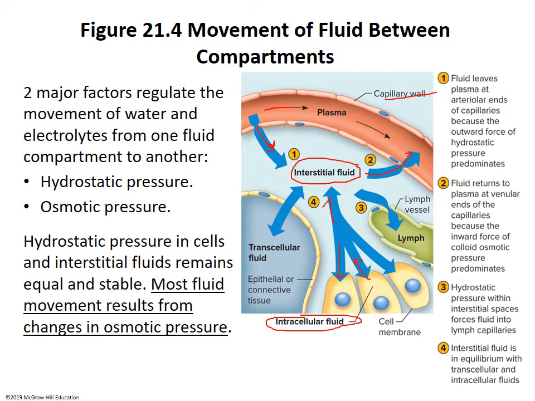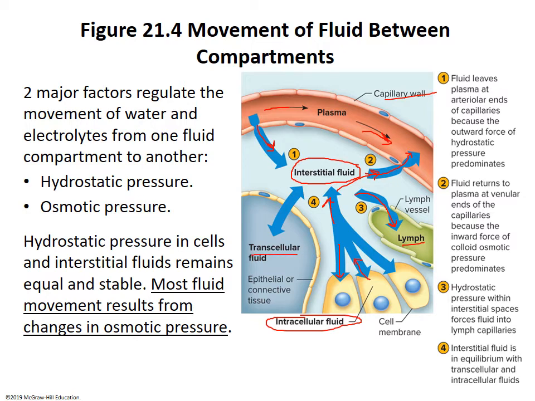And then that interstitial fluid is going to do two things. One, it's going to be pulled back into the circulatory system by osmosis, and the other, the pressure is going to push it in, and now it is lymph. So they're all interconnected. It's not like each part is completely separate.